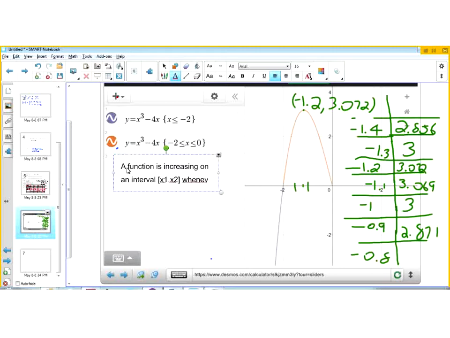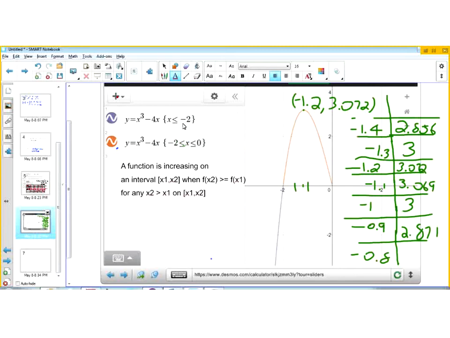Okay, so a function is increasing on this interval when f of x2 is greater than or equal to f of x1 for x2 greater than x1. Let's see. I should say for any x2 greater than x1 on the interval.